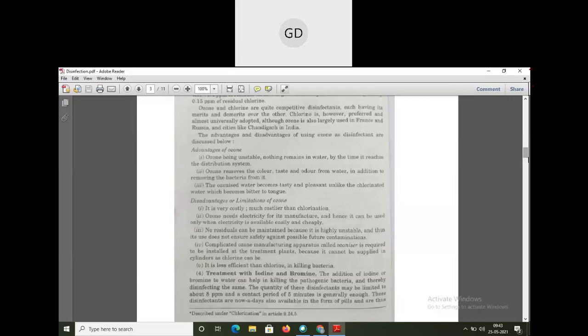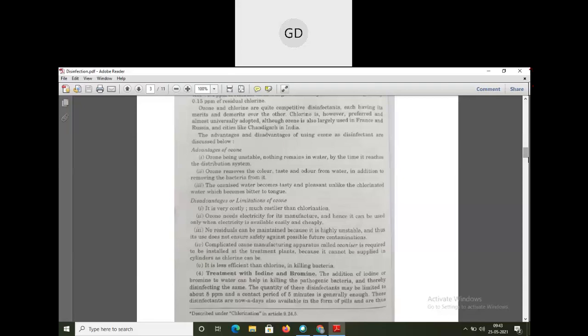So these are all about ozone treatment. Also, rather than chlorine, ozone is not that efficient. Chlorine is more efficient than ozone treatment.